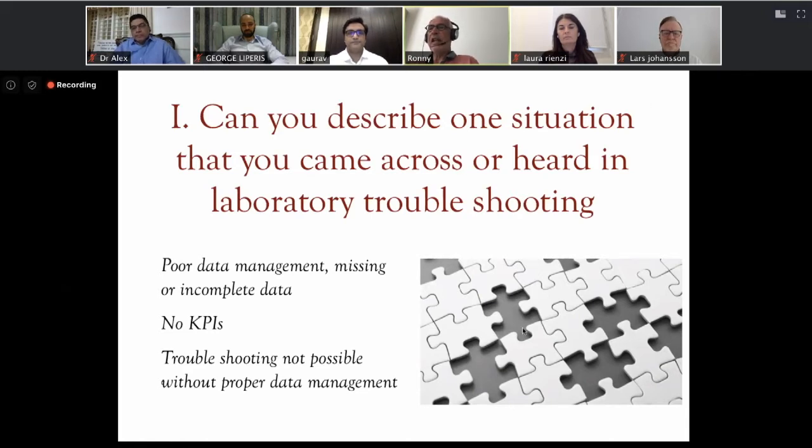You can only identify a problem when the objective evidence, the data, are available. So if the lab has poor data management or the data registration is incomplete or not correct, then troubleshooting is really impossible, and we are faced with searching for a needle in a haystack.